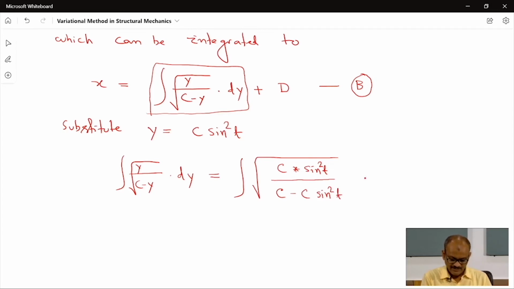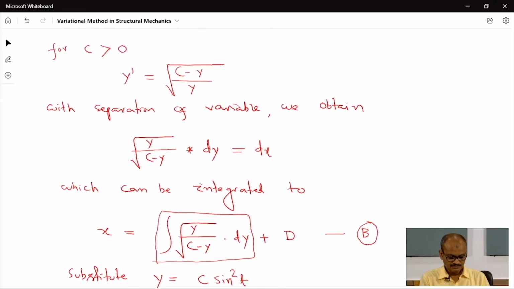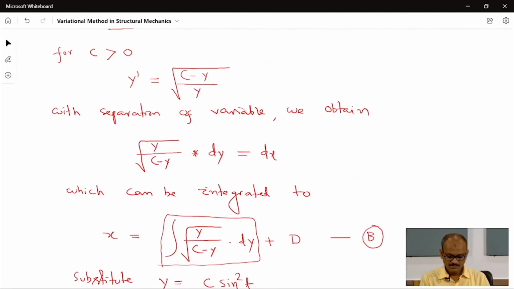What is the value of dy? dy will be 2c into sin t into cos t into dt. This is dy.